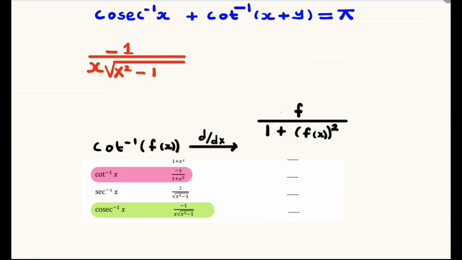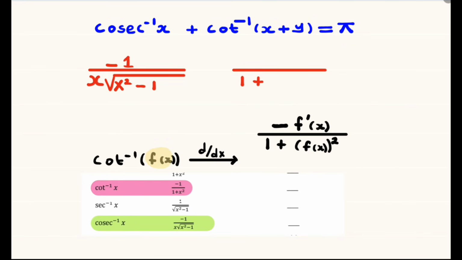We have actually the negative derivative of f of x. For our question, we are going to have 1 plus f of x squared, and in the numerator we differentiate it.